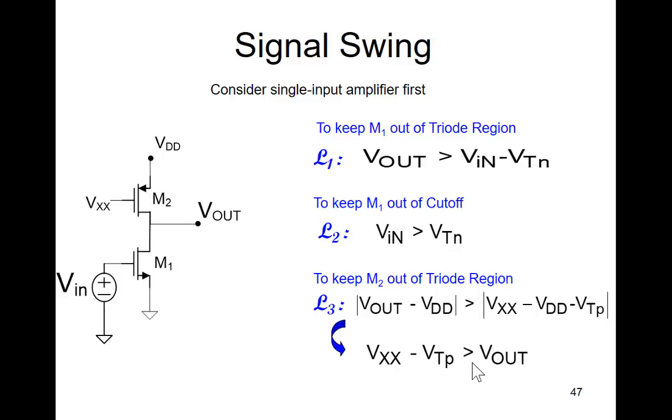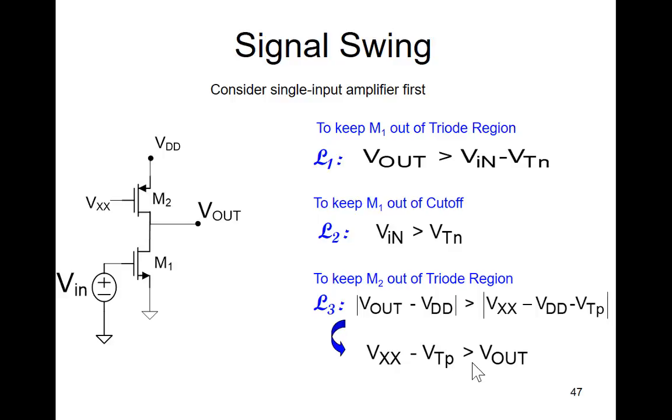To keep M2, if we let this voltage get too high, this device will go into triode region, and our gain will drop down. So to keep M2 out of triode region, VDS, which is the magnitude of V out minus VDD, it's actually VDD minus V out, has to be bigger than VGS minus VT, which is the magnitude of VXX minus VDD minus VTP.